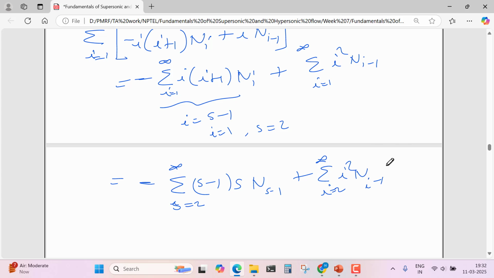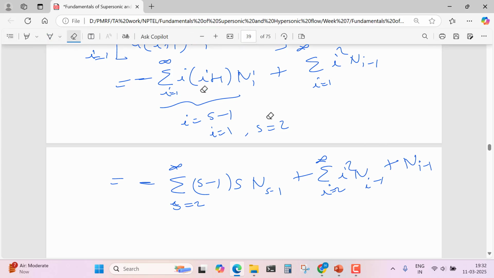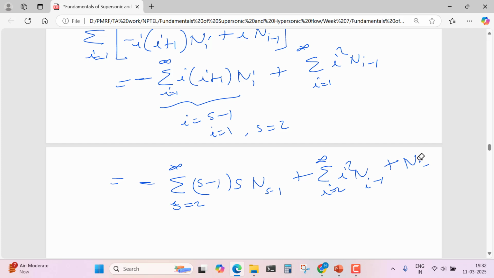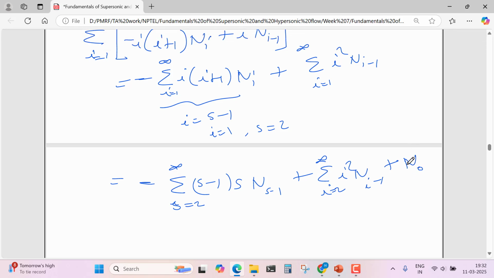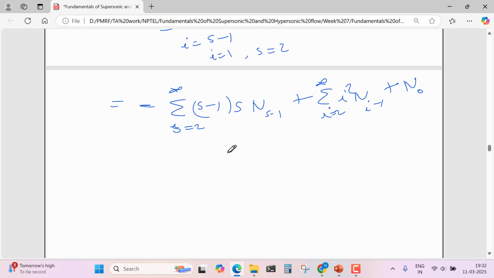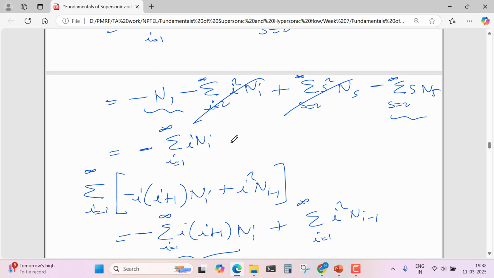For 1 we will take it out, so it will be plus n_0. This term also we can write with 0 also.